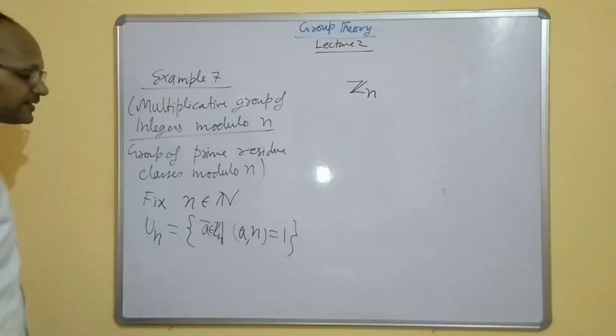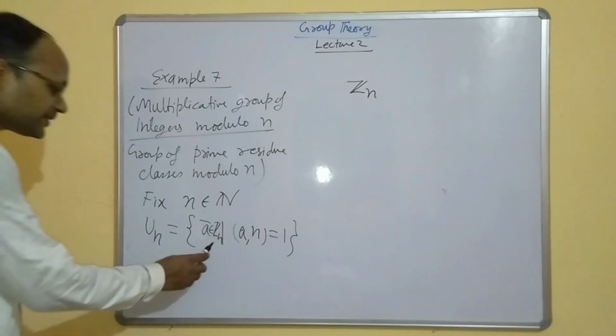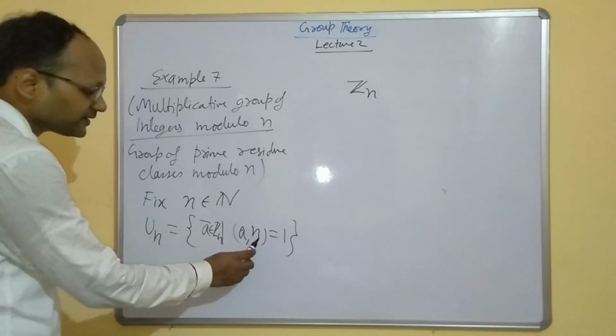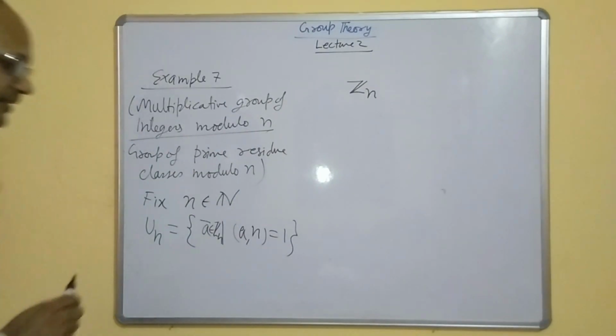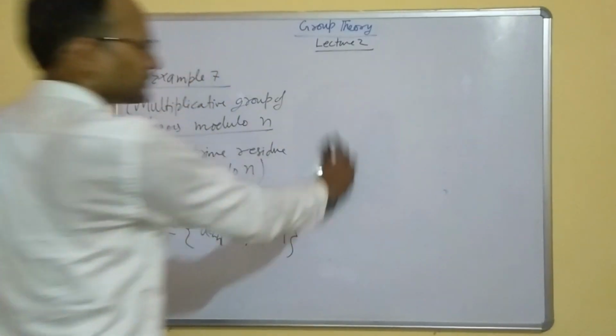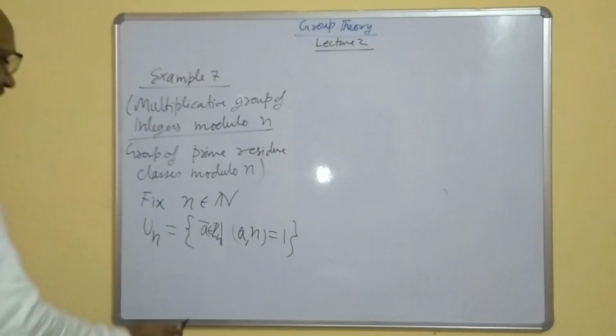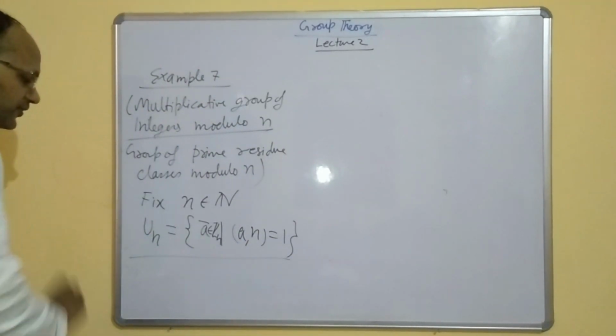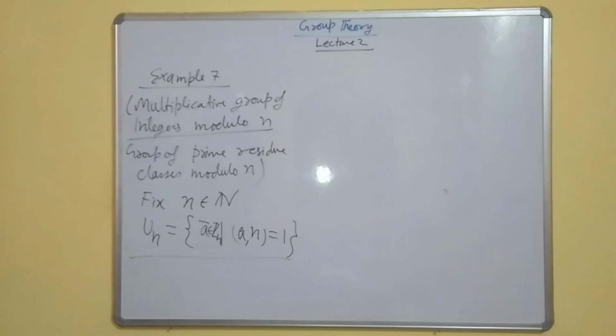So you will write it as a bar in Zn such that the GCD between a and n is 1. Now we will show that it is a group with respect to the multiplication operation.